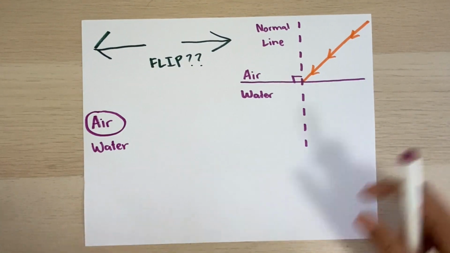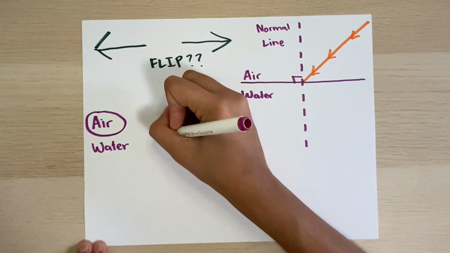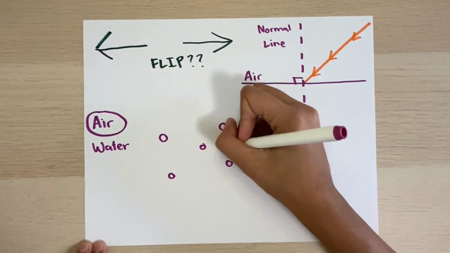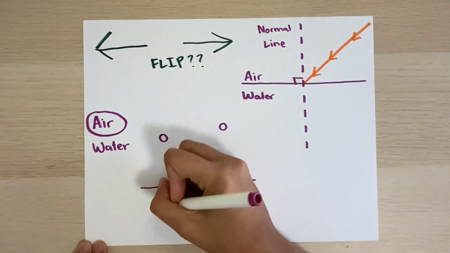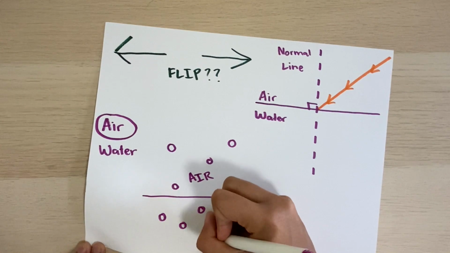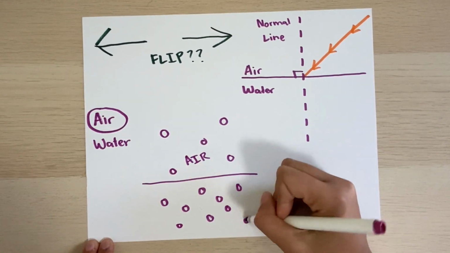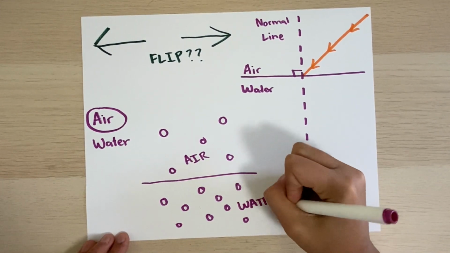But why is it like this? Well, in air, the particles are more spread out. Like this. This is air. But in water, the particles are closer together. Like this. So in water, particles are closer together.